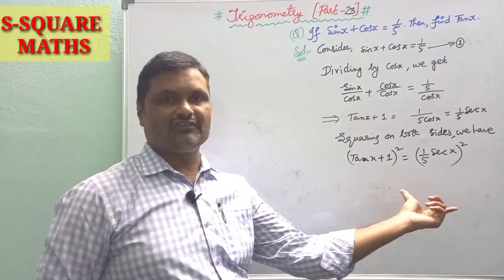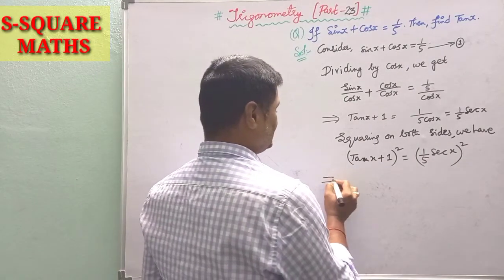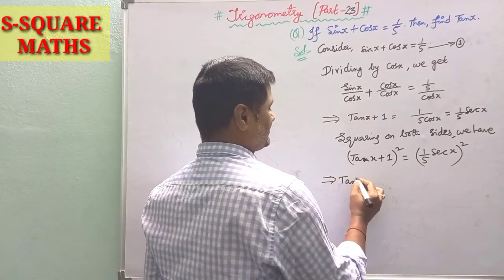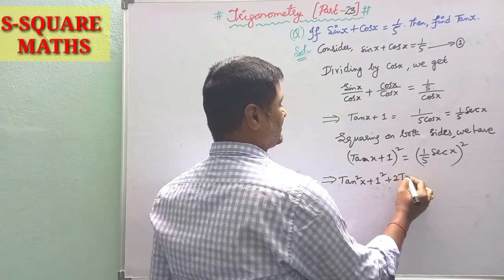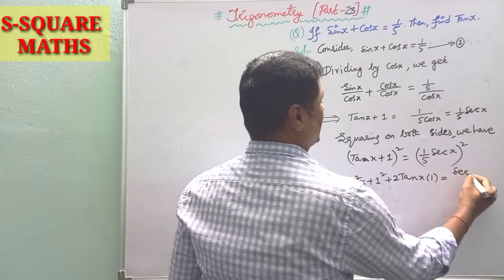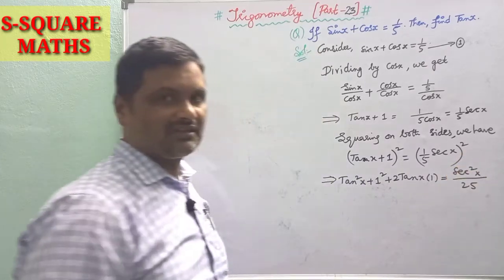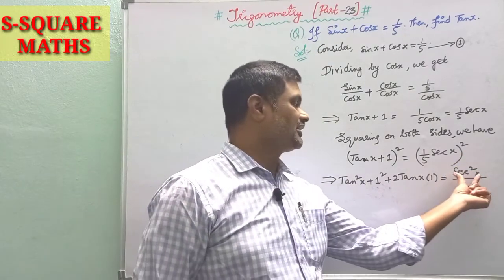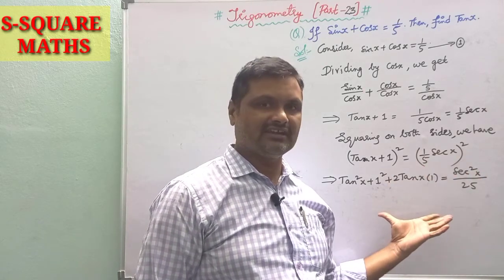Expand the LHS in the fashion of a plus b whole square. So tan square x plus 1 square plus 2 into tan x into 1 is equal to sec square x by 25. It is better to shift sec x in terms of tan x using the identity.